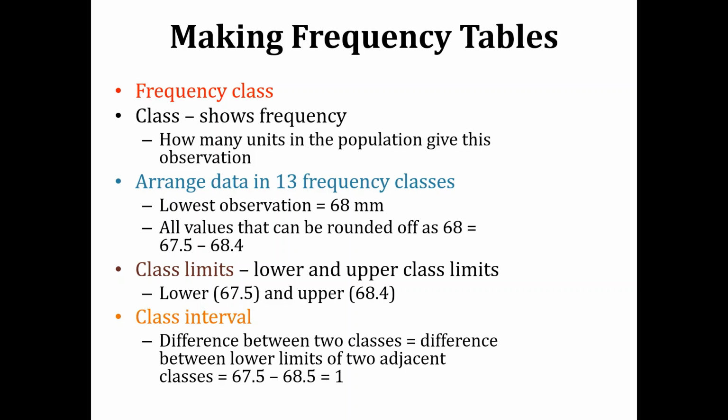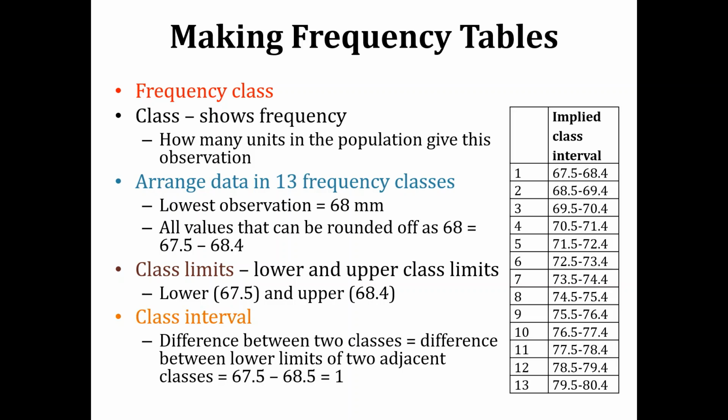So the first observation is 68, and the lower limit for 68 is 67.5. And the next class is going to be 69, so the lower limit for 69 is going to be 68.5. So the interval is 68.5 minus 67.5, and this interval is equal to 1. So the class interval is going to be 1 in this case.